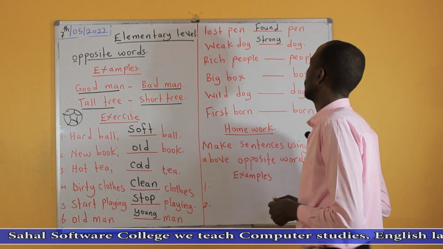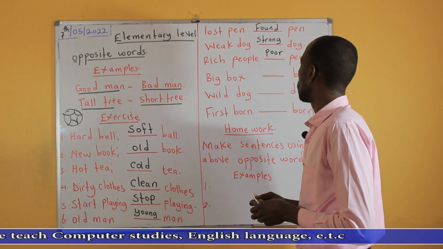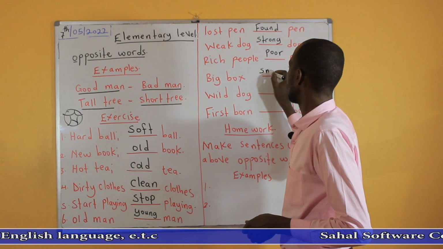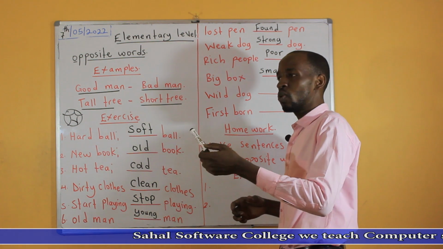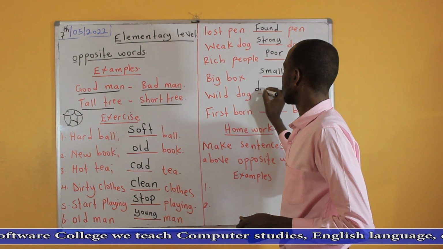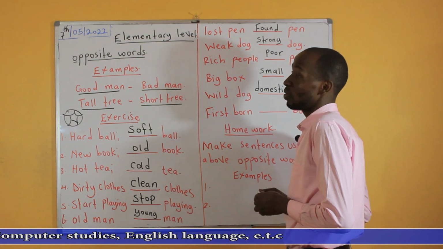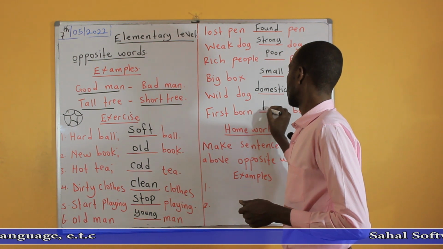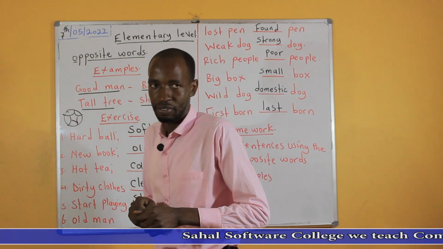Rich people, then we can go to poor people. Big box, let's go to small box. Wild dog, this is dog in the bush, in the forest. But wild dog, then we have domestic dog. Firstborn, this is last. Lastborn. Firstborn, lastborn.